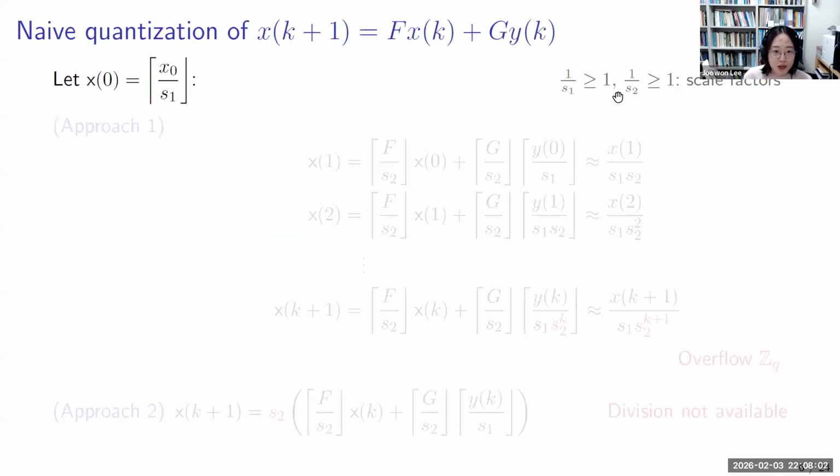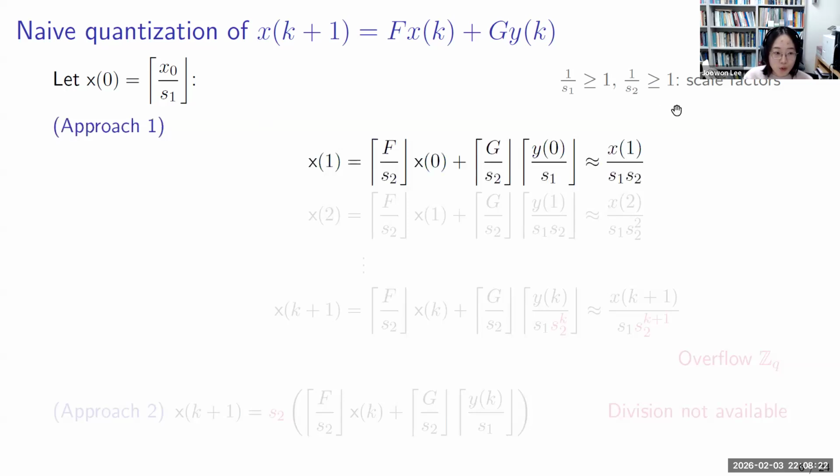So let me show some naive way to reformulate this linear dynamic controller. First, the initial state of this controller, which is a real vector, should be quantized using some scaling factor.